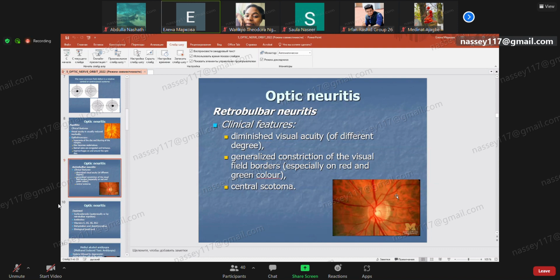Retrobulbar neuritis may be acute or chronic. Chronic retrobulbar neuritis is also known as toxic amblyopia. Recurrent attacks of acute retrobulbar neuritis are followed by primary optic atrophy. Some words about prognosis.